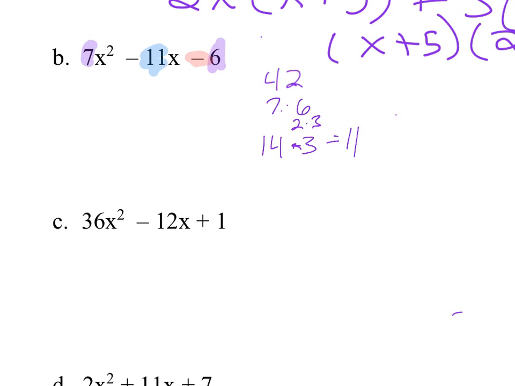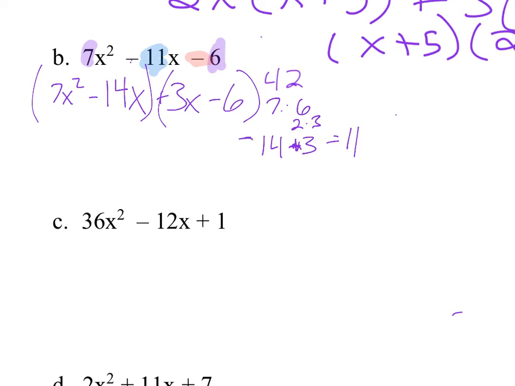So I can now rewrite this as 7x squared minus, I need it to be a negative 11, which means the 14 has to be negative and the 3 positive. So minus 14x plus 3x minus 6. And if I do this, I can now factor things out.